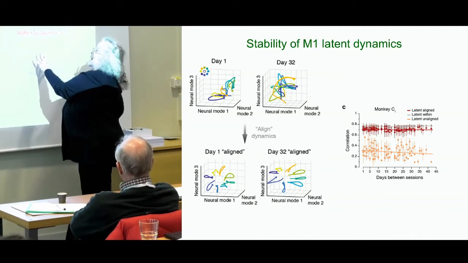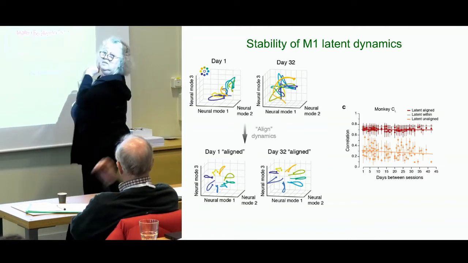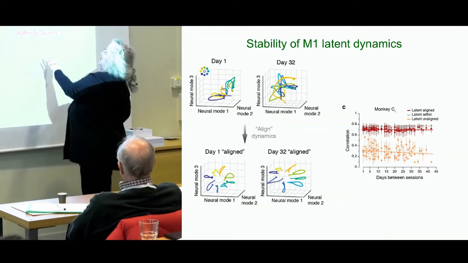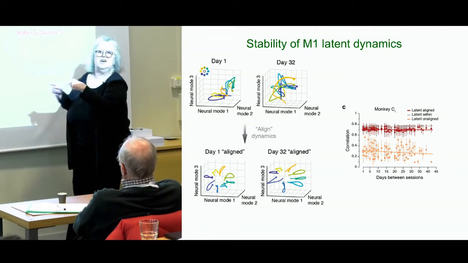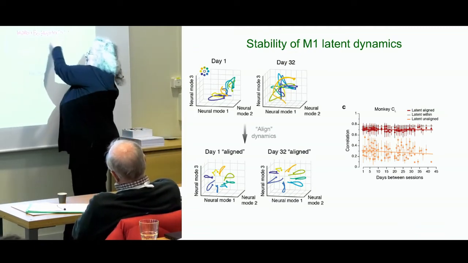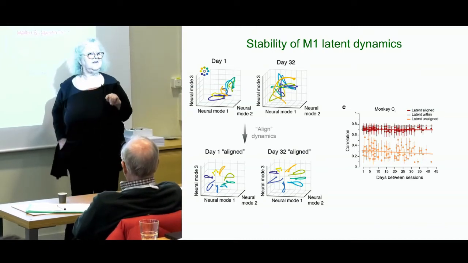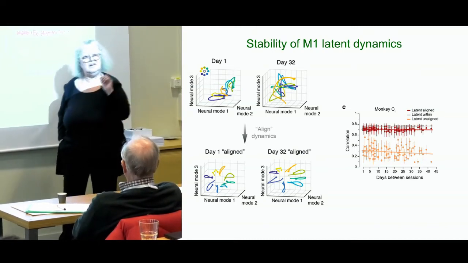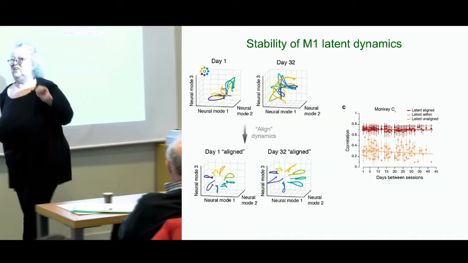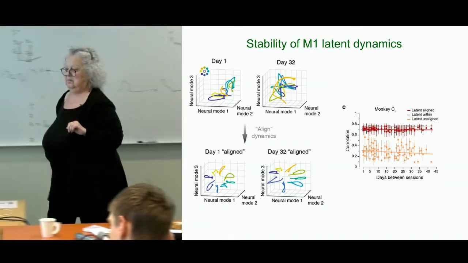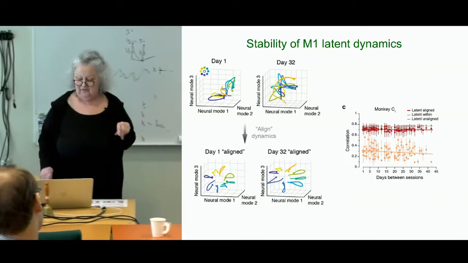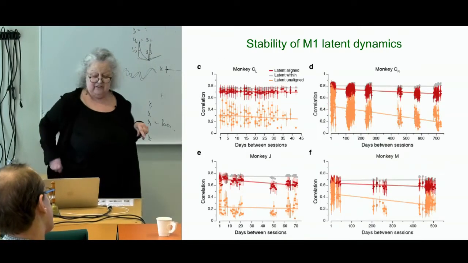If you actually let time pass, these are the correlations that you get, much lower, between day 1 and day 32. But if you correct and do the alignment and then recompute the correlations between the aligned signals, it is as good as if you had done it on the same day. So we are really getting the signals to be very, very nicely aligned and very nicely correlated, which is a bit surprising.